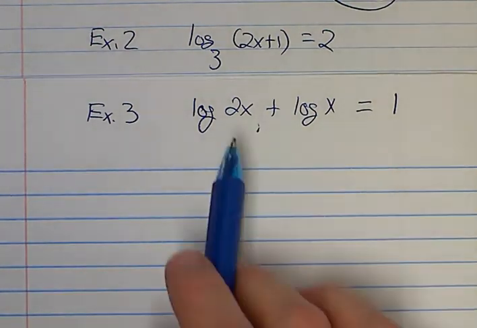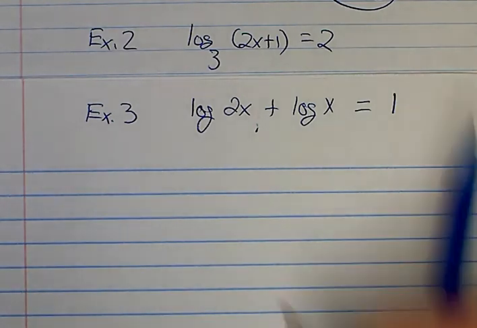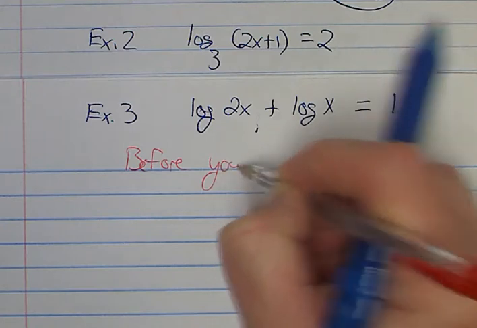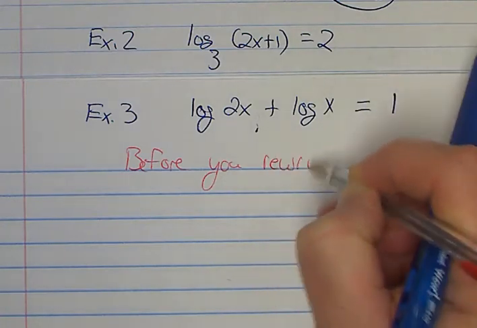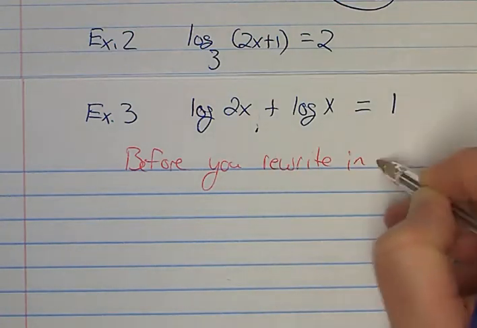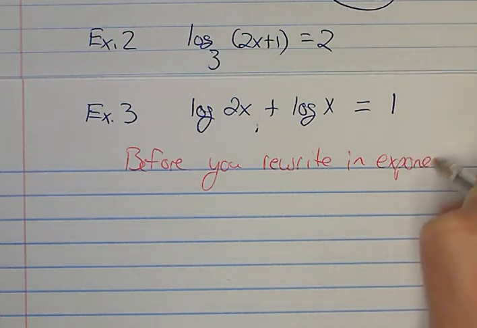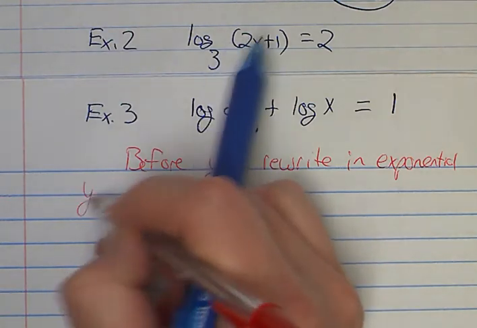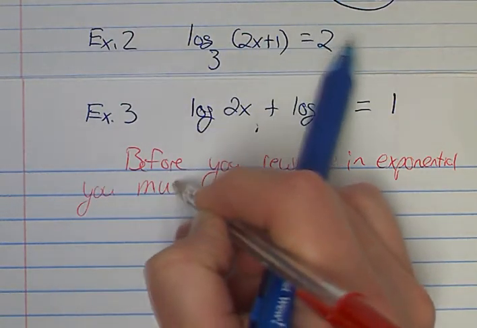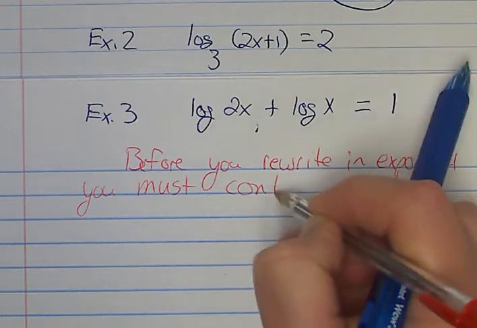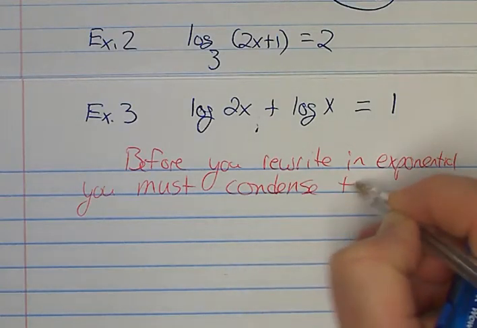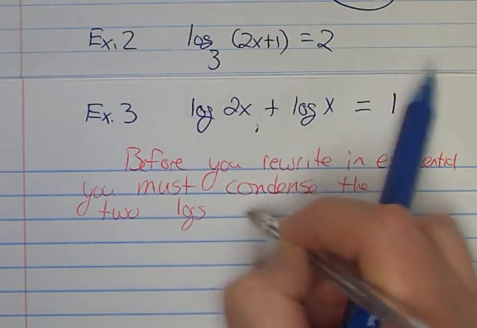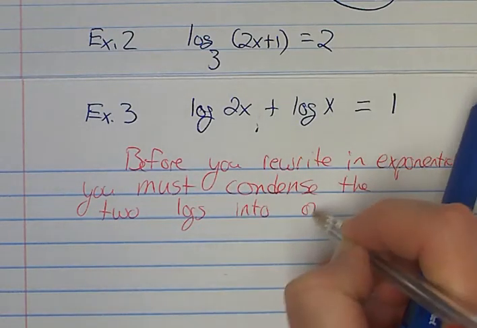Okay, so when you've got the two logs here, before you rewrite it in exponential, you've got to condense the two logs into one.